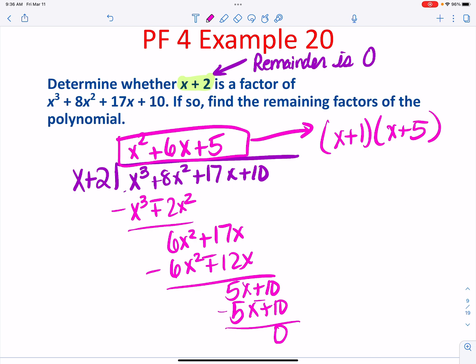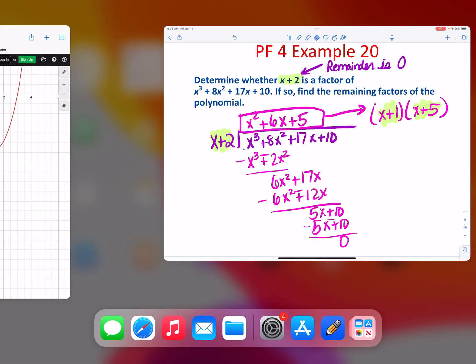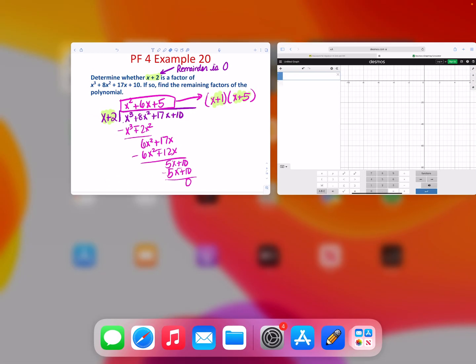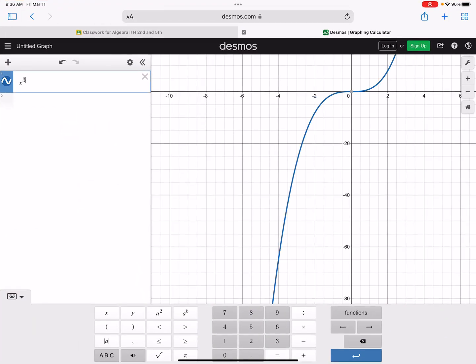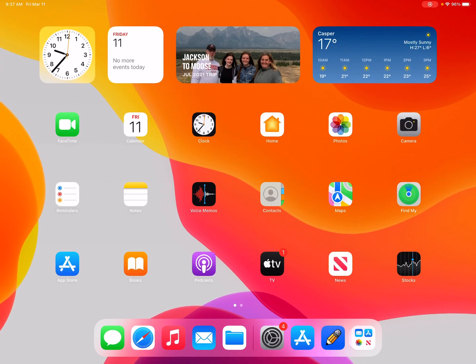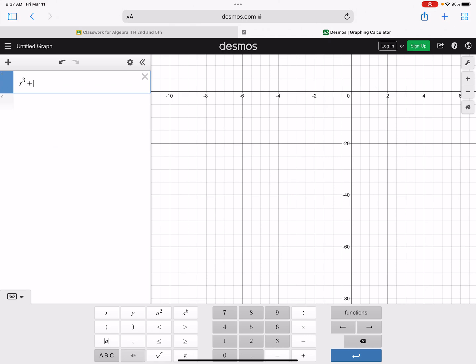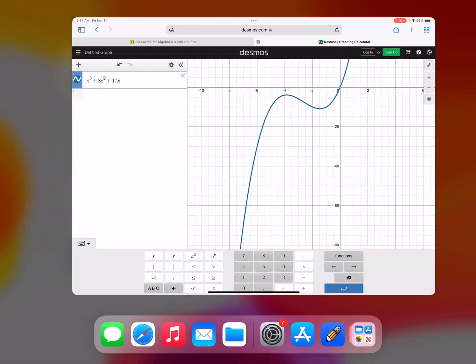So if I look at this, I haven't even put this on the calculator yet, but because of these, I know that if I were to put this into my graphing calculator, it would hit at -2, -1, and -5. I'm working ahead because I'm going to be gone, so I just want to make sure everybody understands. x cubed plus 8x squared plus 17x, and then what was the last thing?